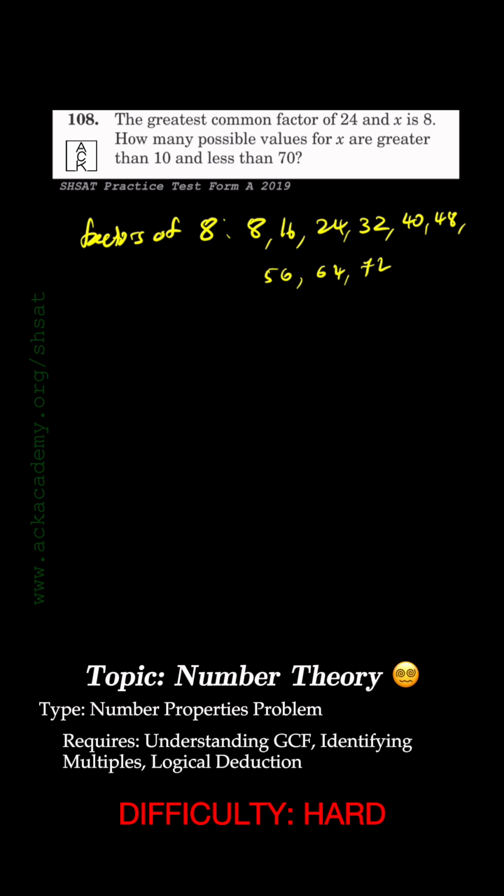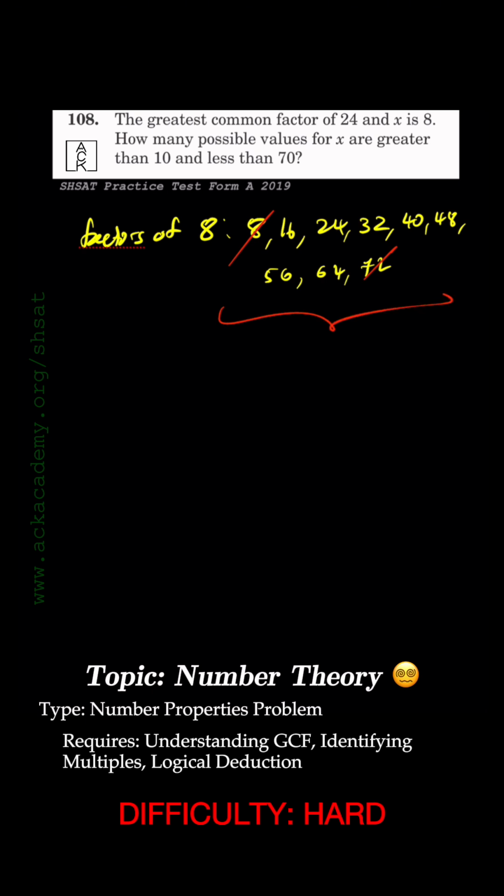And what does it say? x has to be greater than 10, meaning this won't work. And less than 70, so this won't work. So we're left with these values, right?